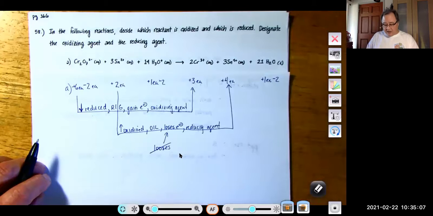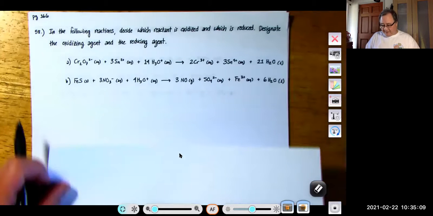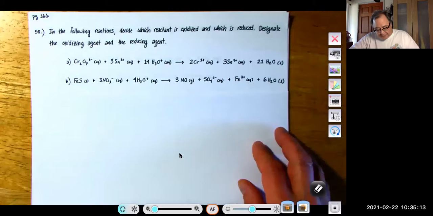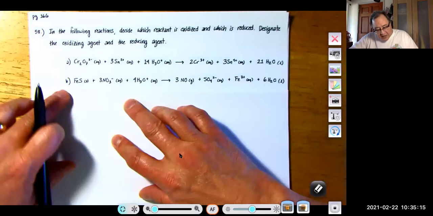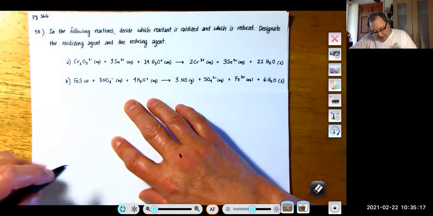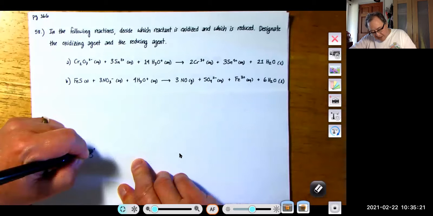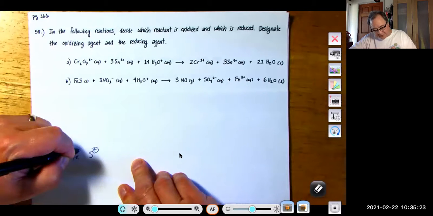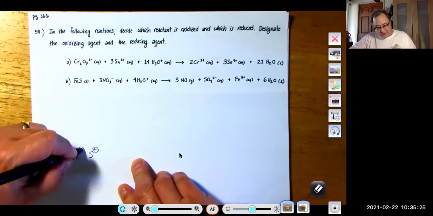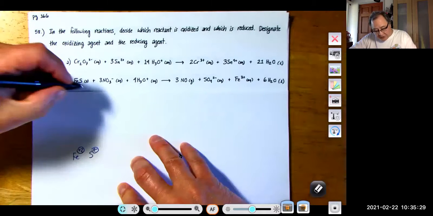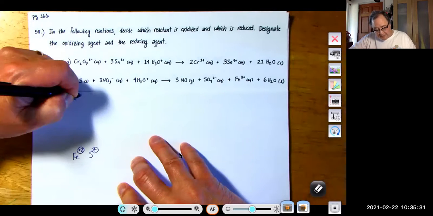Okay, let's try B. So the oxidation number, this one, it's ionic. And I know that iron and sulfur, the sulfur's got to be a -2, so the iron is a +2. So this is ionic because it's a metal and a non-metal. So I've got a +2 and a -2.